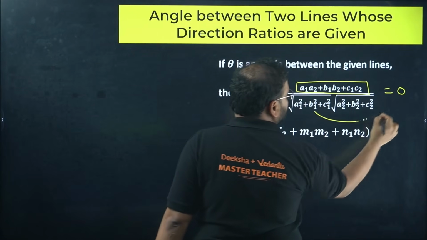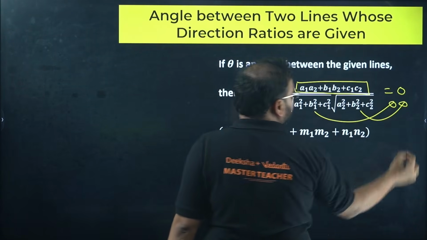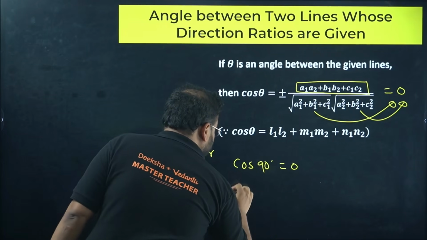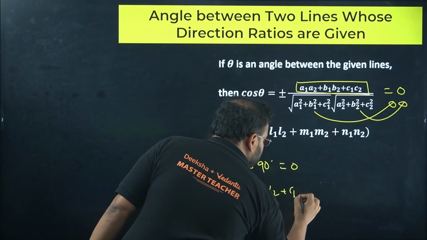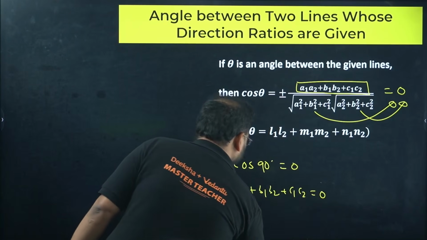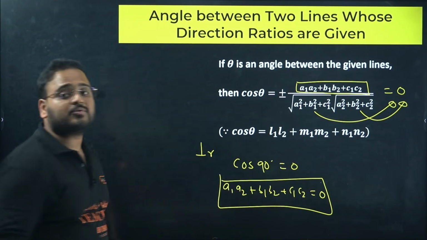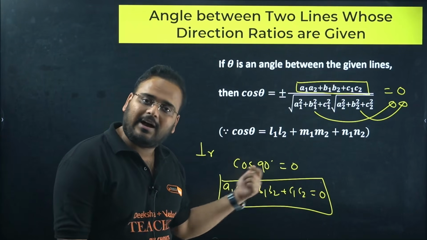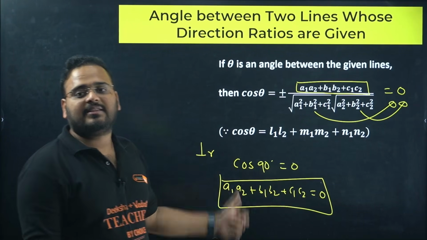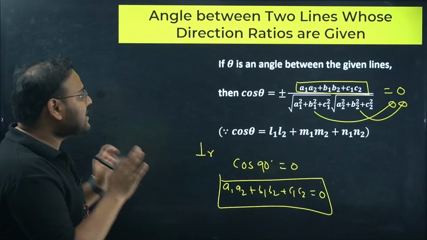I can bring these roots to this side and multiply by 0. So I'll have the result as A1 A2, B1 B2, C1 C2 as 0. This is the result in terms of direction ratios when you have cos theta as 0, meaning cos 90 as 0, in the case of perpendicular lines. Is it making sense now?